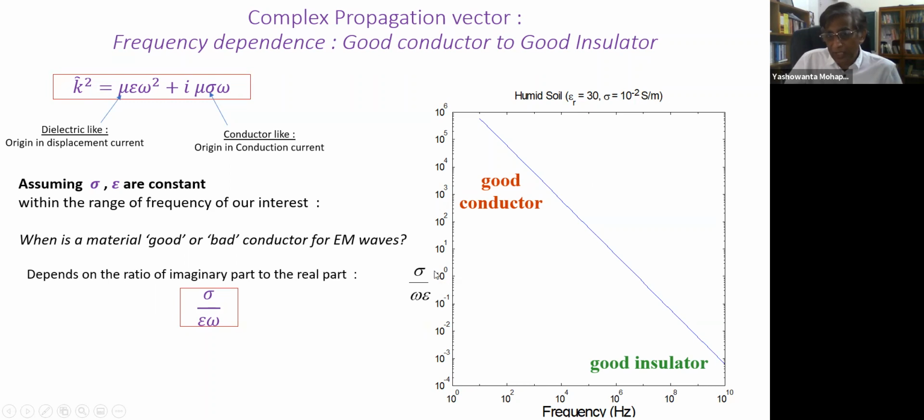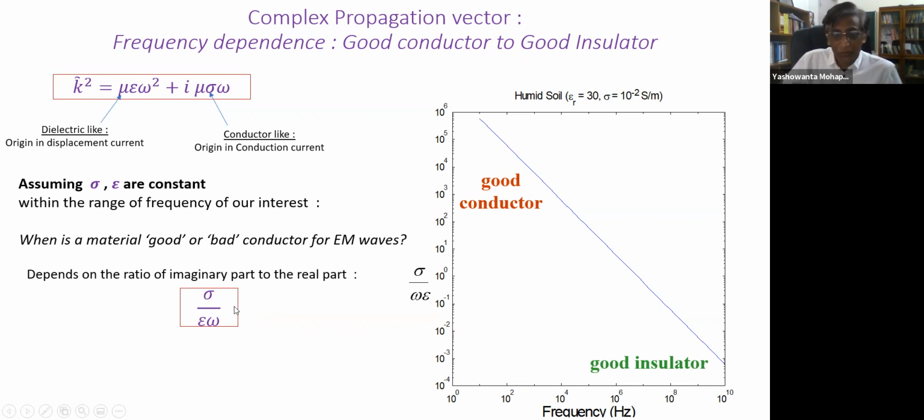Now I plotted sigma by omega epsilon, this quantity, which is conductor-like behavior divided by dielectric-like behavior. For low frequencies, you can see that it can behave like a good conductor. This is a huge range of this ratio, 10 to the power minus 4 to 10 to the power 6, 10 orders of magnitude.